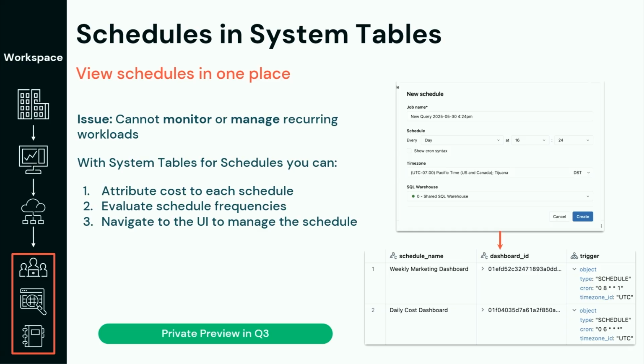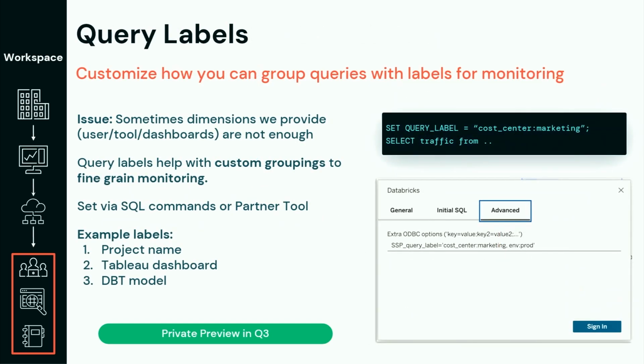But it's still hard to see all this in one place and also see data including, hey, is this schedule at the hourly level, who owns this schedule, etc. Next quarter, we're building out system tables for all first-party schedules that will let you do this, and you will be able to attribute costs to each schedule and navigate to the parent asset, like the notebook or the job, to manage it.